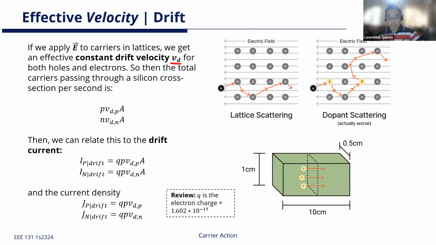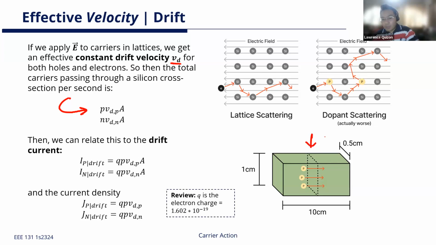So if we assume that there is a constant velocity applied to the carriers, we could write the total carriers passing through a plane.